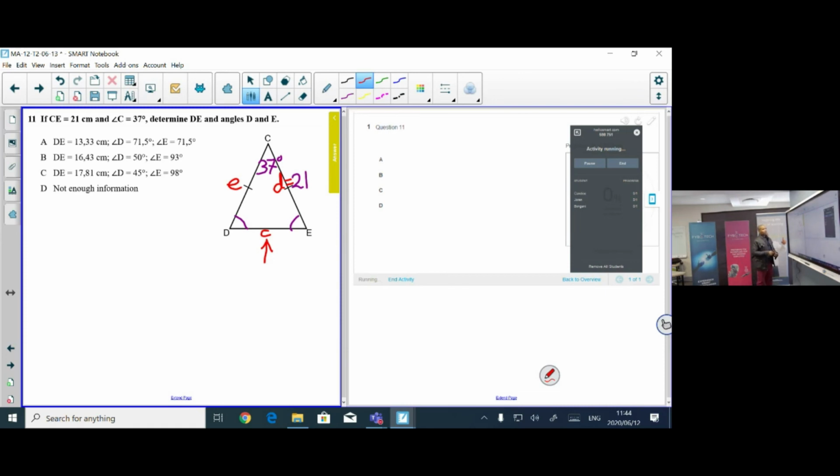So what do you notice about the whole situation? What kind of triangle is this and all that? Think along those lines.